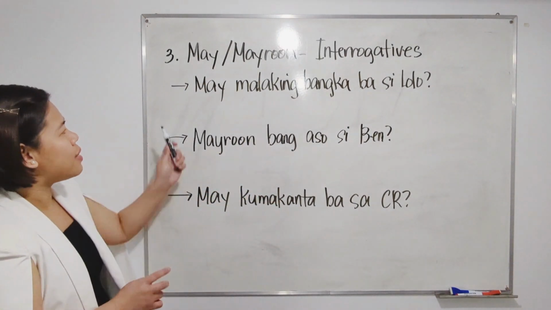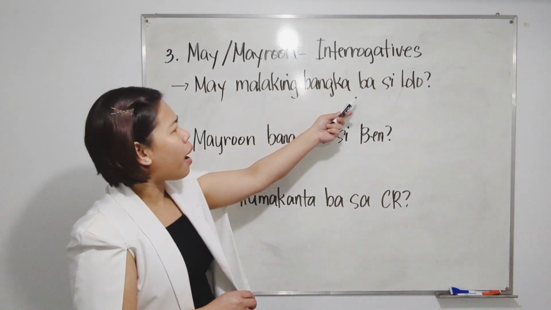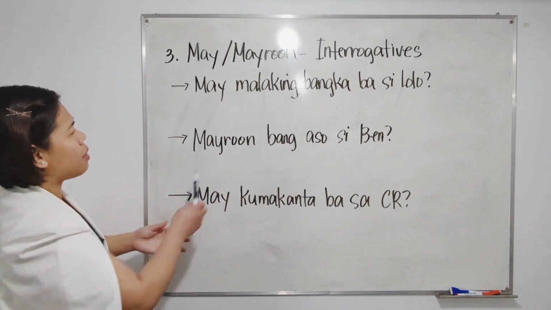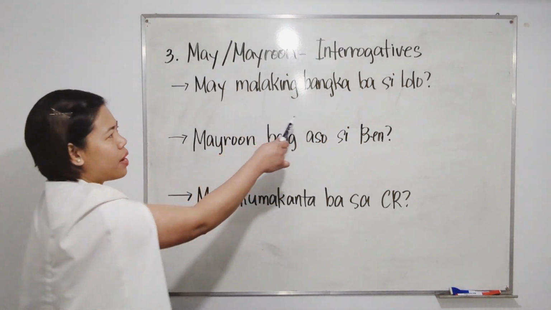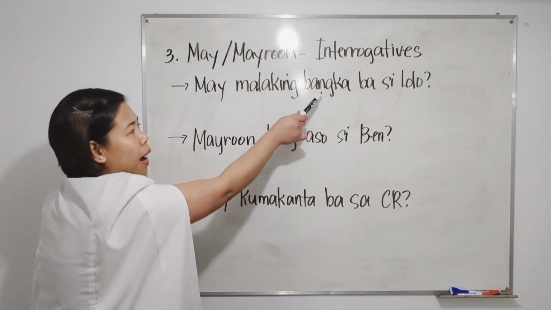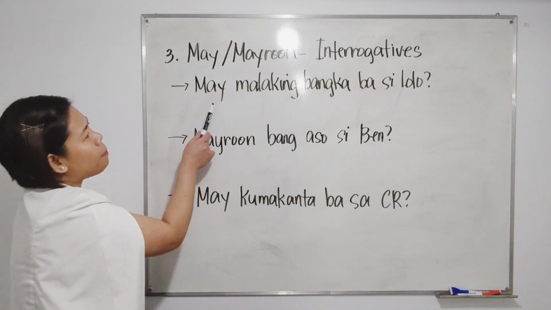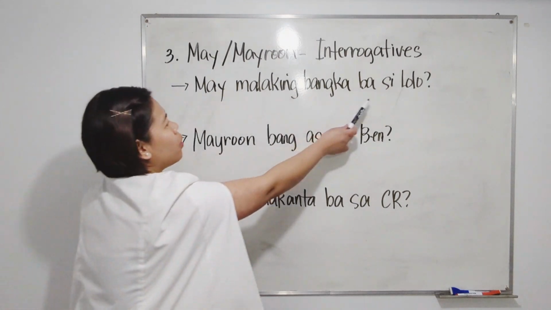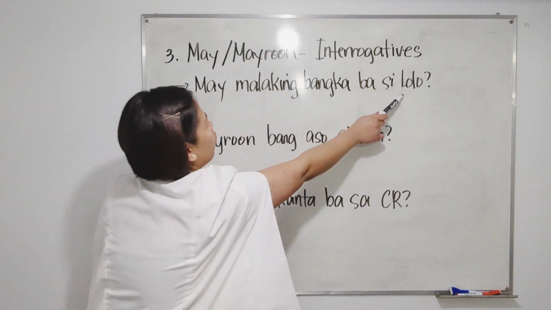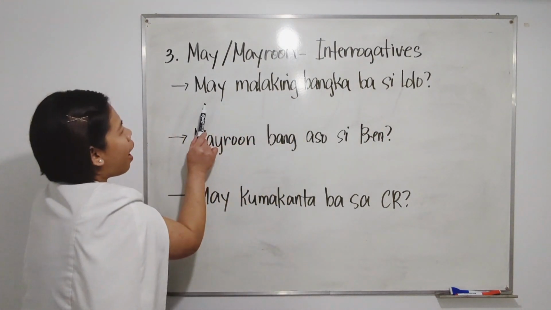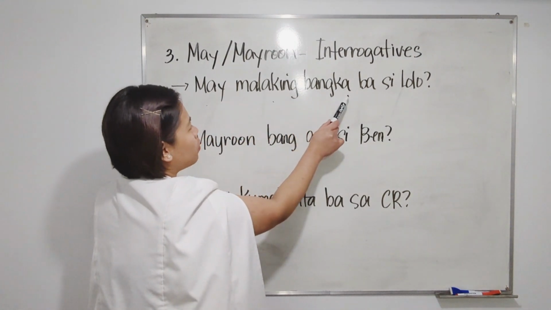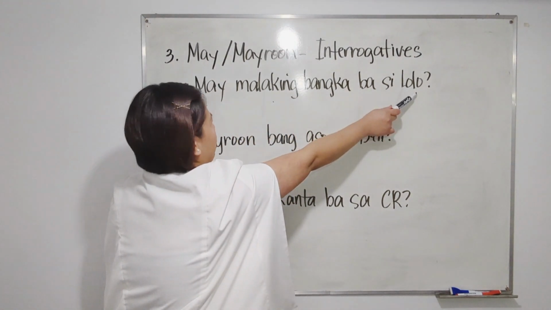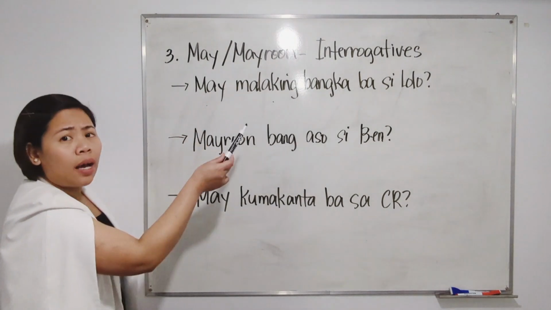So the first one is, may malaking bangka ba si Lolo? So you're asking, malaki again is big, right? And then Lolo is grandpa, bangka is boat. So, may malaking bangka ba si Lolo? You're asking if does Lolo have a big boat? So, it's a question mark.